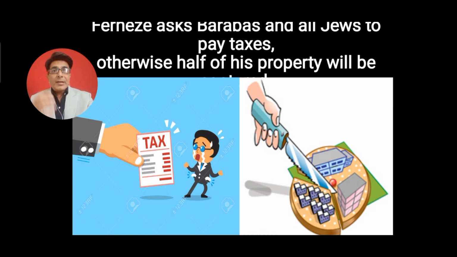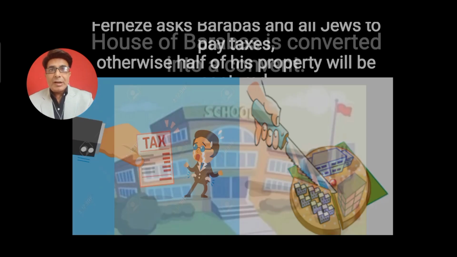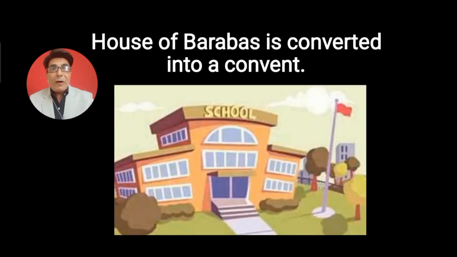In the next scene, Furniss is the governor of Malta, or you can say the king of Malta, and the governor asks all Jews to pay taxes. Barabas is a Jew and he was the richest Jew in Malta. Furniss says that if anyone fails to pay the taxes, then half of their property will be seized by the government of Malta.